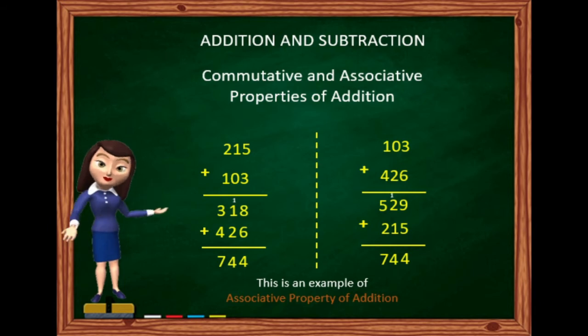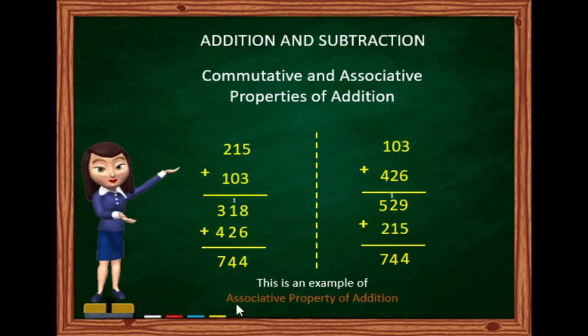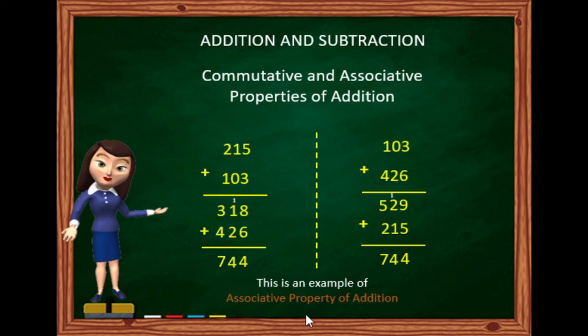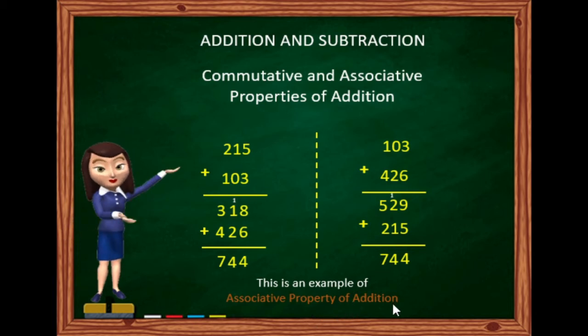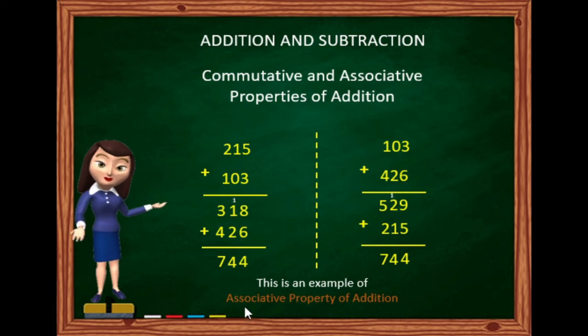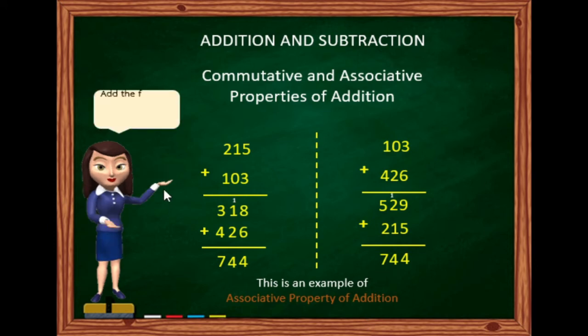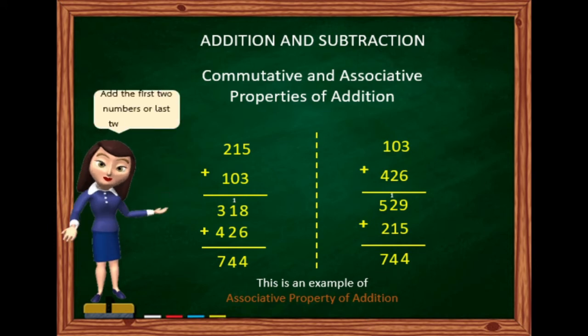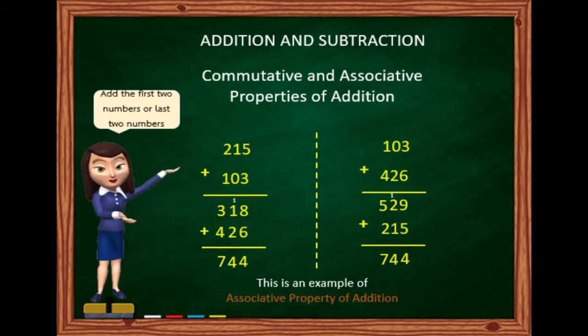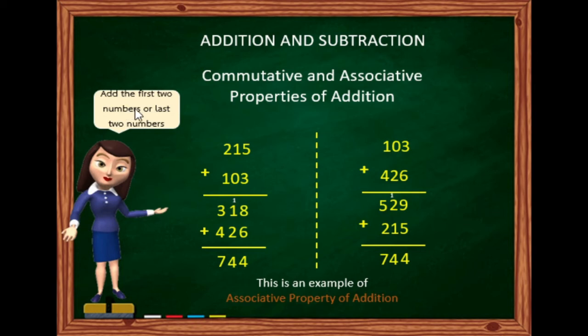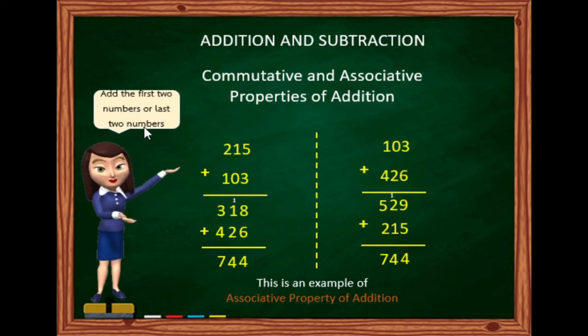Why is it? Because it's another property of addition called associative property of addition. Again, it's associative property of addition. What do you mean by it? It means you can add the first two numbers or last two numbers together.